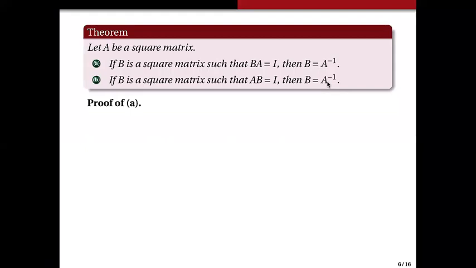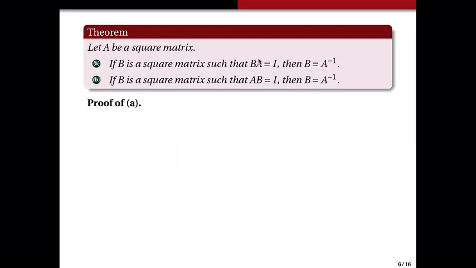So remember, when we first defined the inverse of a matrix, we needed to check two things: that BA equals I and AB equals I. Although later on, after quite some computation, I was only checking one of them.